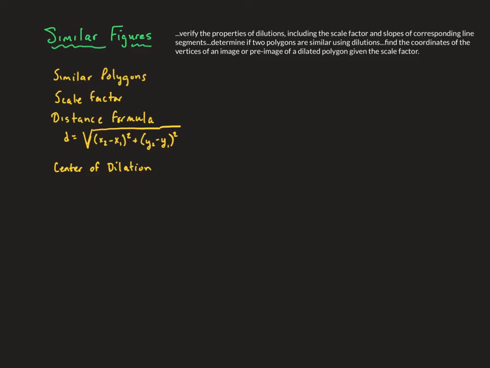And that has to do directly with dilation, a transformation in which each point of the image lies on the same line as the corresponding point of the pre-image. Then we have the center of dilation, that fixed point for the image and the pre-image, where we have our corresponding angles and proportional sides.